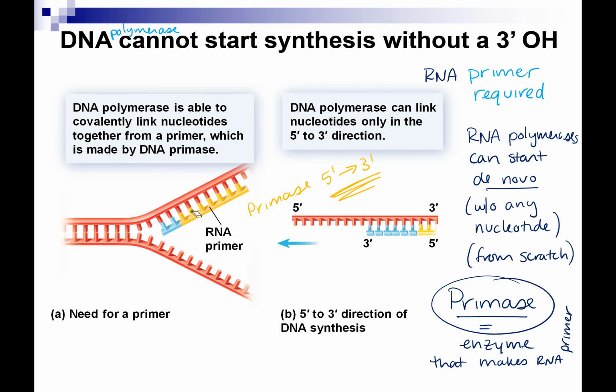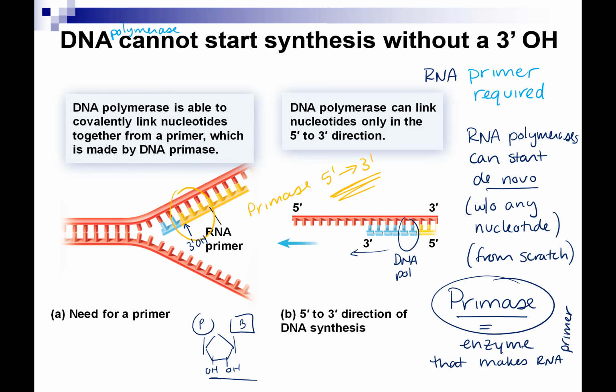Once primase makes this RNA primer, there's a 3' OH, because even RNA nucleotides have that 3' OH. Okay. So now there's a 3' OH, and now DNA polymerase can come in and start synthesizing DNA. Everything happens 5' to 3'.